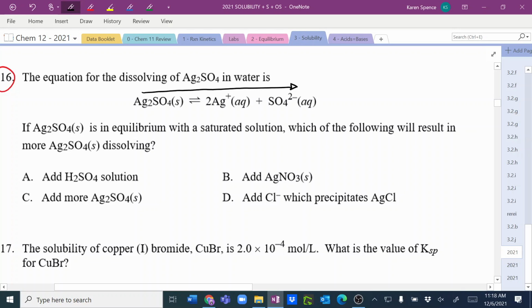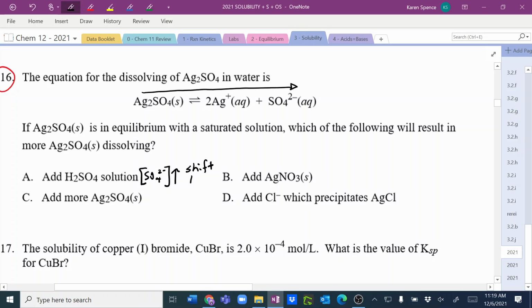If we add H2SO4, the concentration of SO4 increases and we shift left. We want to shift right. So that's not going to work.